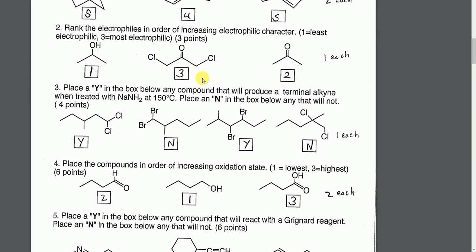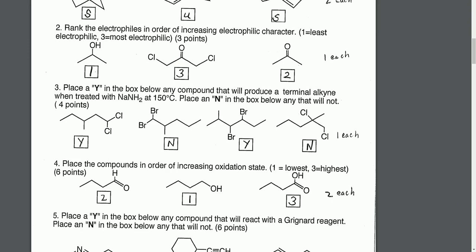And now comparing these two, if you had to guess, you would look, oh, chlorines, and you might think, okay, 3. The reason this is 3 is because this site is already partially positive, okay? But now I have 2 chlorines, 2 halogens that are extremely electronegative, electron pulling inductively through the sigma bonds.